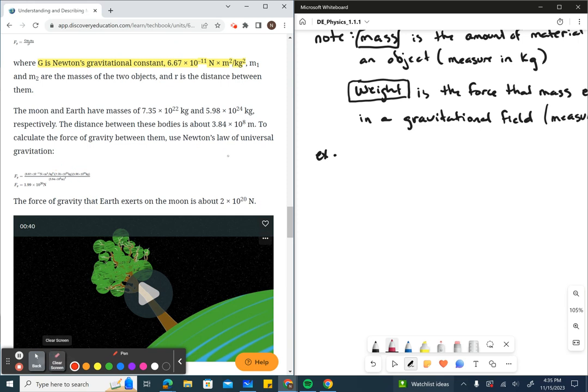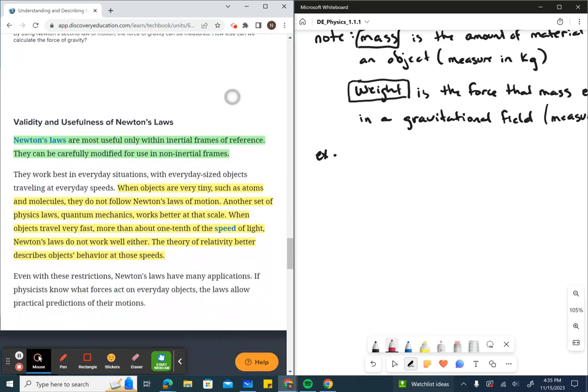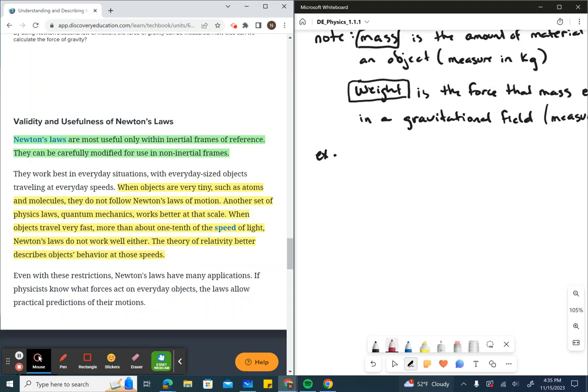Clear your screen, and let's move on here. The validity and usefulness of Newton's laws. Newton's laws are most useful only within inertial frames of reference. For the example, let's just say refer to the Earth-Moon problem in Explore 2, because they did a nice thing there. Now, what we do want to say here is a little note.